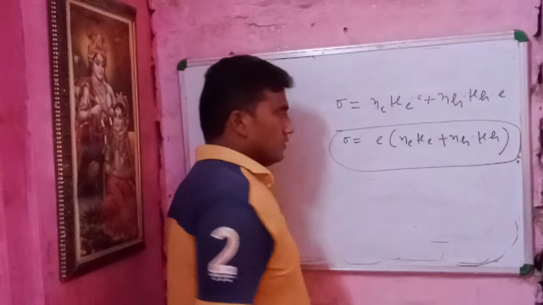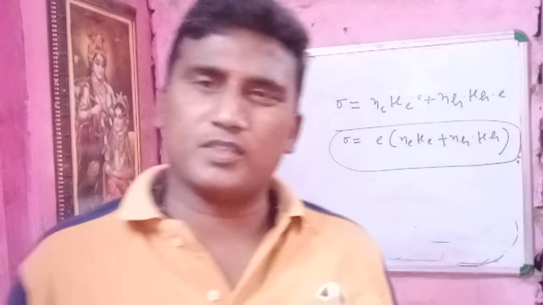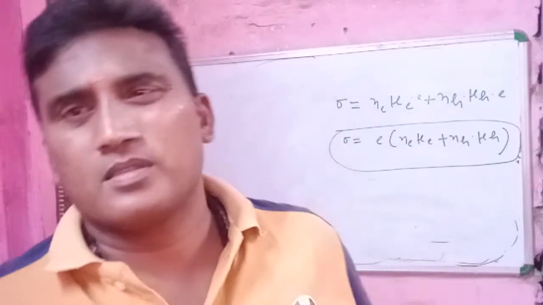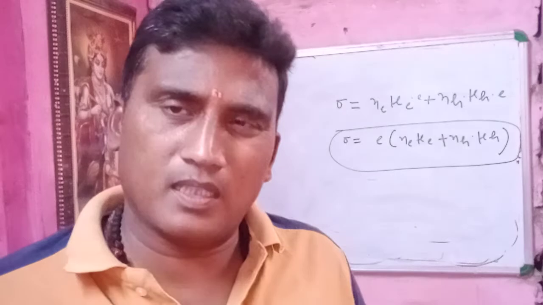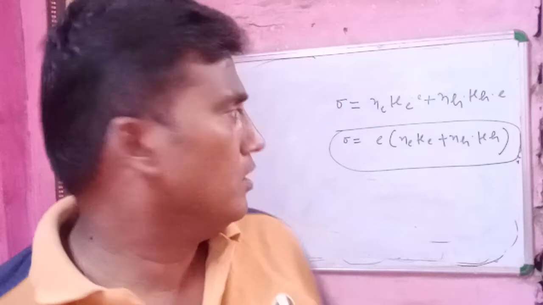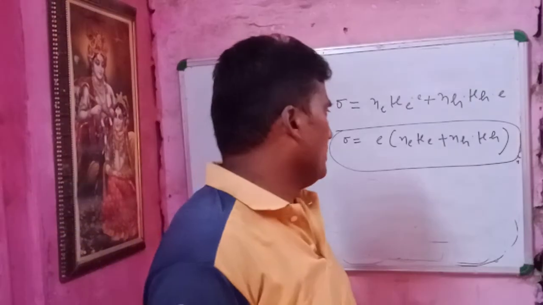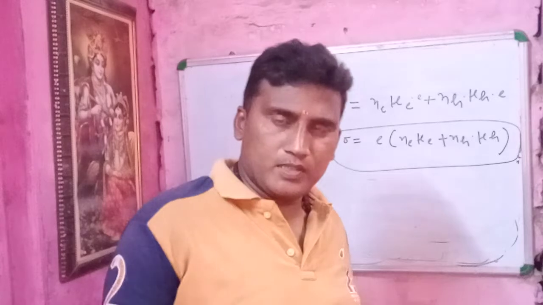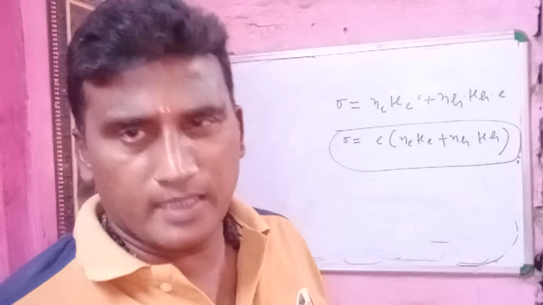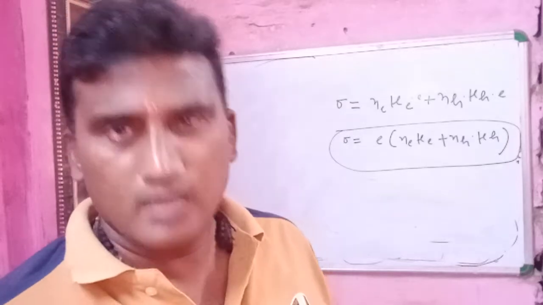In the case of a semiconductor, ne is the number of conducting electrons, mu e is the mobility of the electrons, nh is the number of holes, and mu h is the mobility of the holes. This is the relation for the conductivity.